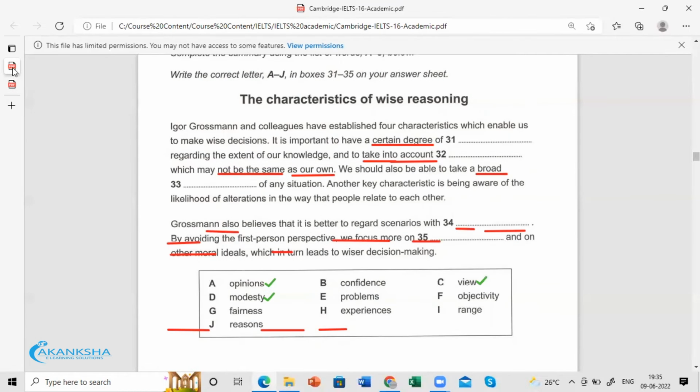Okay, right. So in the next one, he also believes that it's better to regard scenarios with. Better to regard. So what's the meaning of regard here, by the way? He believes that it's better to regard scenarios. Regard here? Any guesses before I tell you? Any guesses what's the meaning of regard?